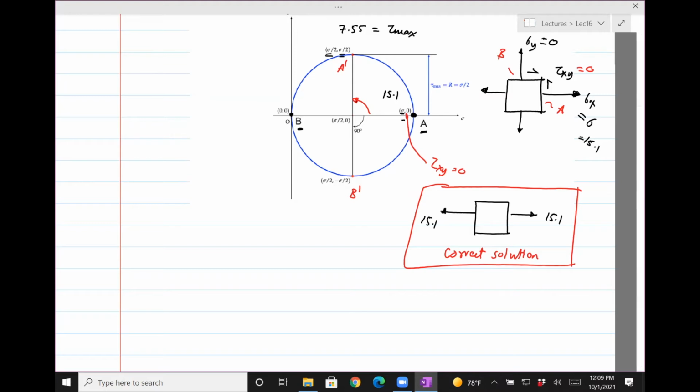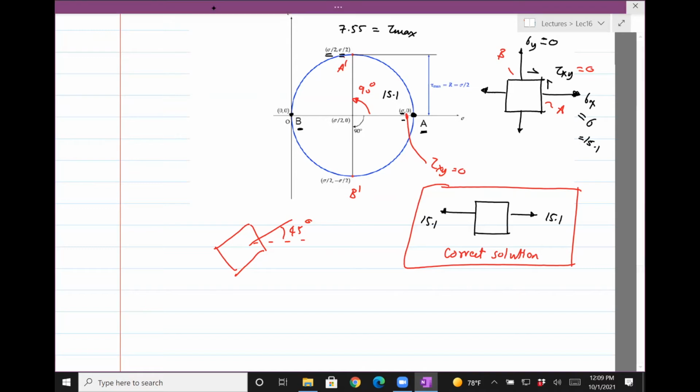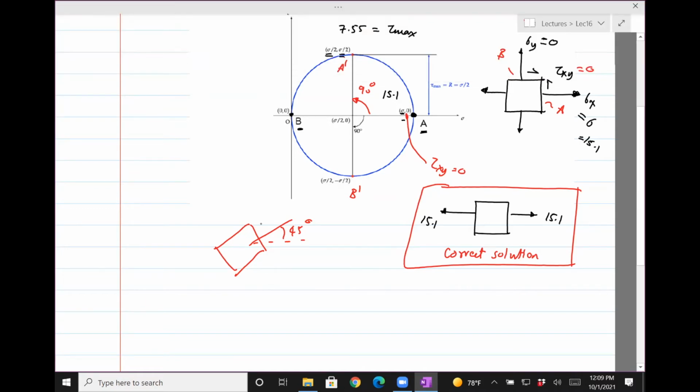So this is 90. So anything on this element is going to be 45 degrees, half of that. So 45. Okay, and now what will happen is there is a normal stress of 7.55 and a shear stress of 7.55. So that will look something like this. So let's see.